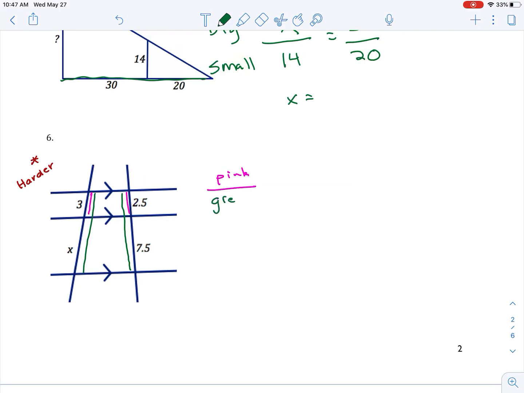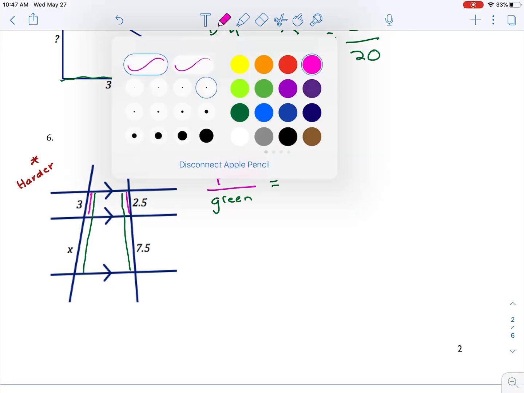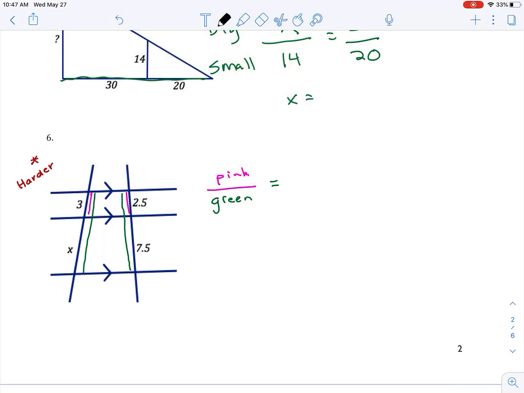Here, I'll make it green, over green here. So let's do that. My pink section is, I'll just do it all in black, is 2.5 over, now what does 2.5 match up with in the green one? The whole distance, which is 2.5 plus 7.5, which is 10. And that's going to be equal to 3, which is from the pink section, over the whole green one, which is 3 plus what? 3 plus x.